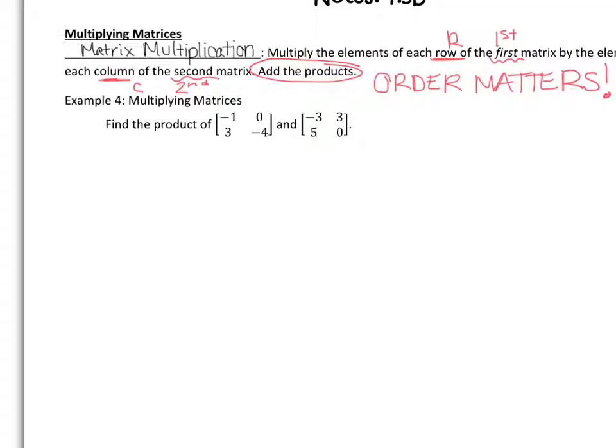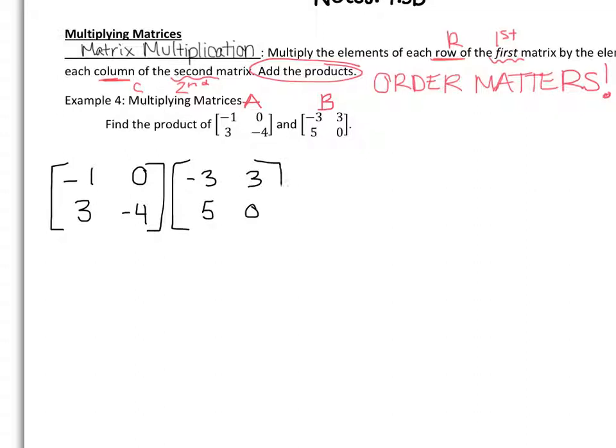Just for reference, I'm going to call the first one A and the second one B. So write those two together, but don't write them too big because we need some space. So -1, 0, 3, -4. And then we're multiplying, so we write them right next to each other: -3, 3, 5, and 0.